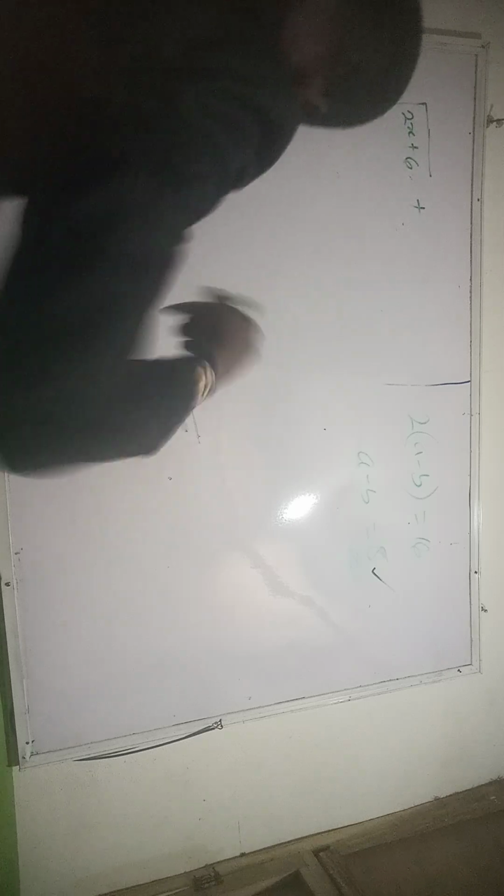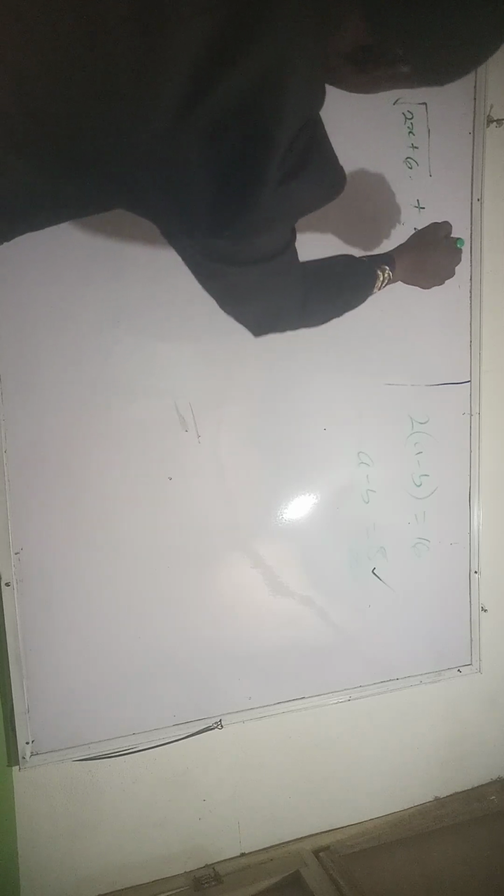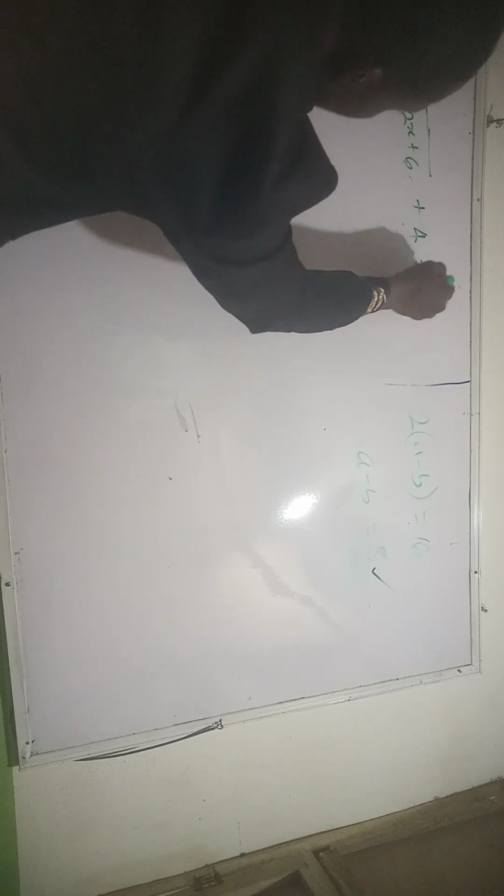So we have the square root of 2x plus 6, plus 4, equal to x plus 3.